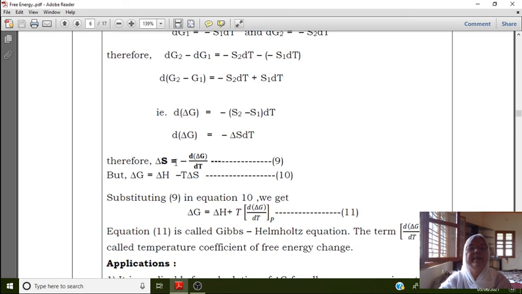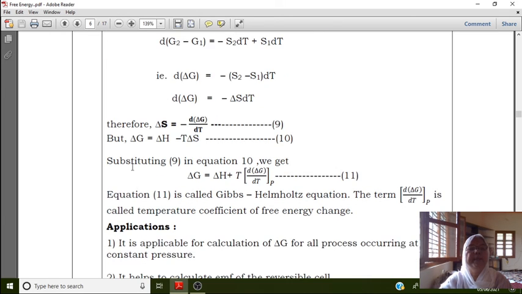Therefore, delta S is equal to minus d of delta G by dT. But we have delta G equal to delta H minus T delta S.